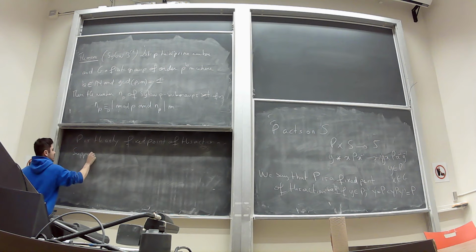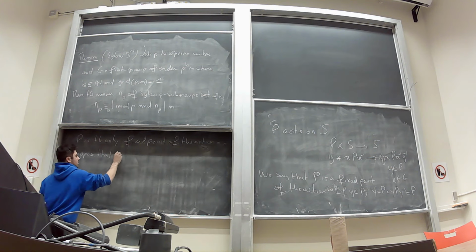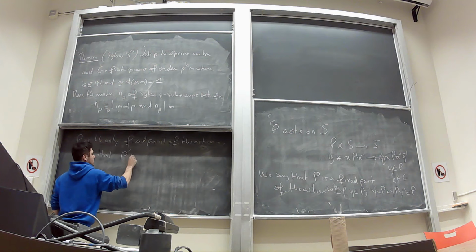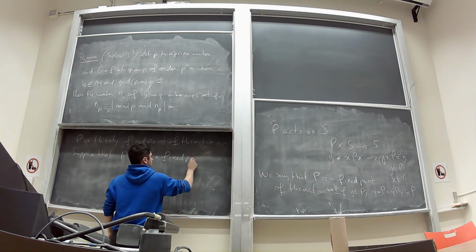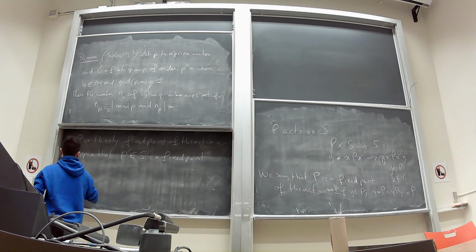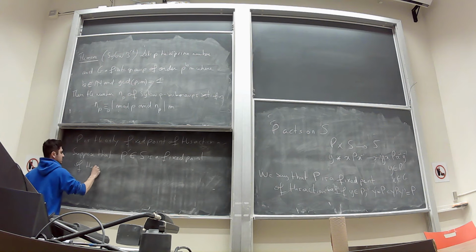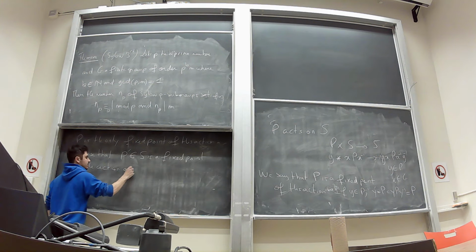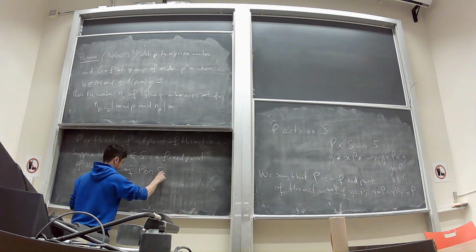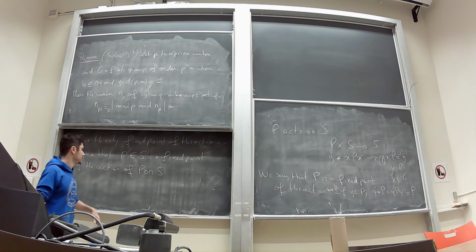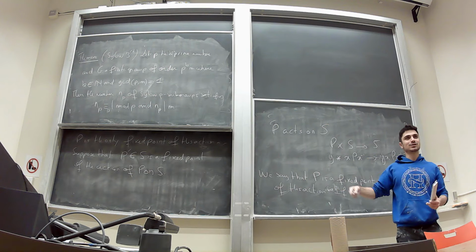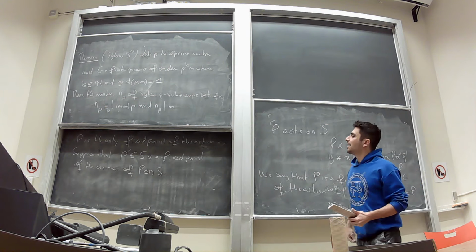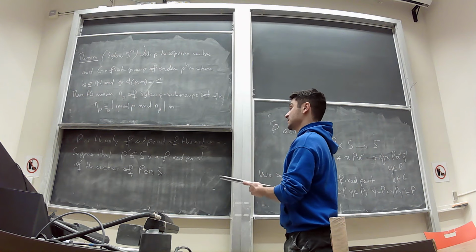Suppose that P prime in S is a fixed point of the action of P on S. This is a very good argument. This is a very, very nice argument. There are other arguments, but this is the shortest one I've seen.